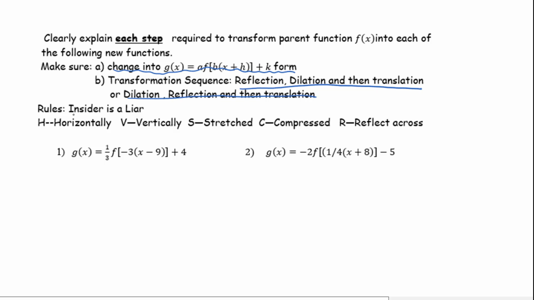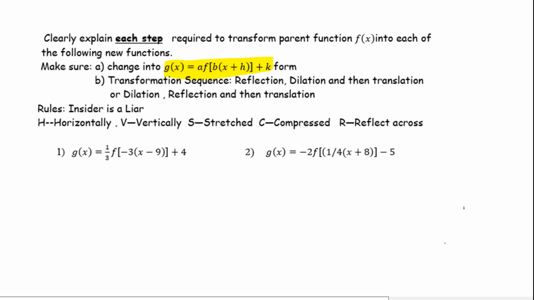Remember the rules: inside is a layer. We will use the following letters to represent certain words: H for horizontally, V for vertically, S for stretched, C for compressed, R for reflect across.